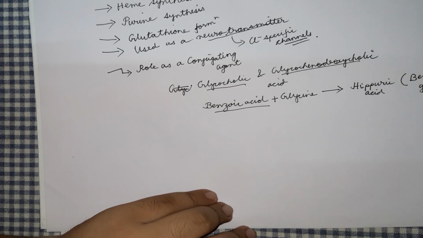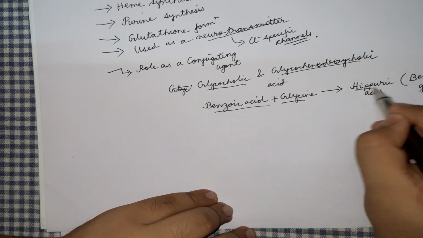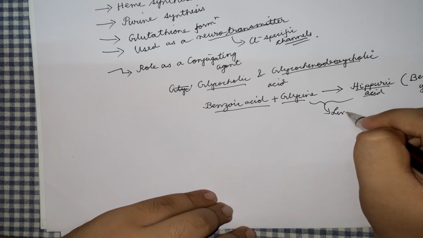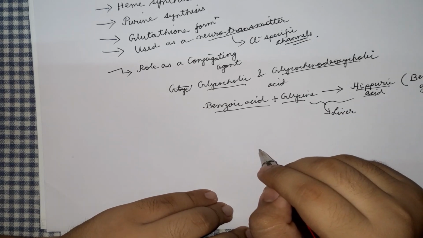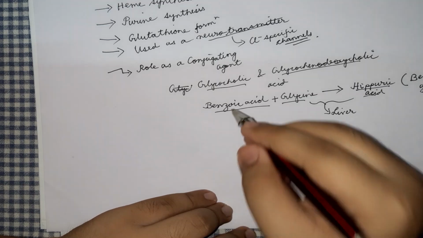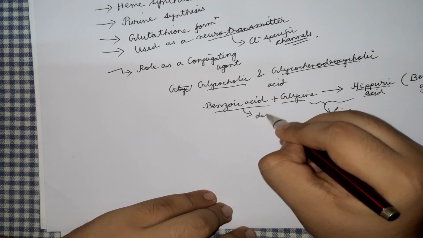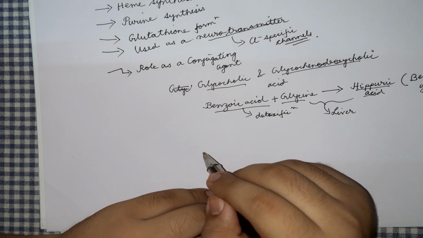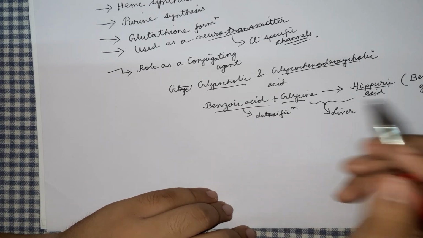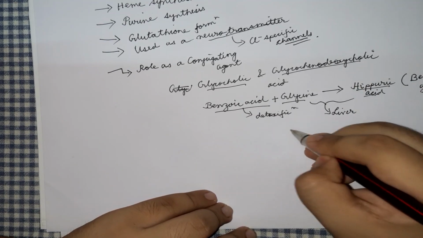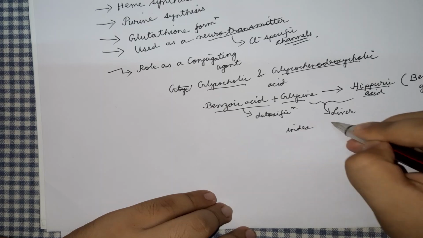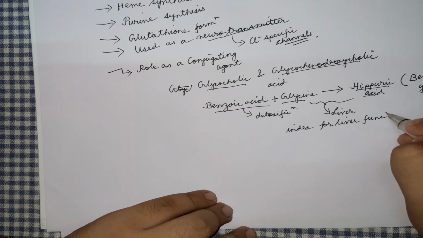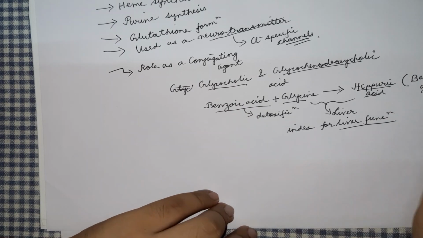Now, why I said this is important is because this conjugation occurs in the liver. This occurs as a detoxification of benzoic acid. Since this occurs in the liver, the amounts can be used as an index for liver function, so they can be used in liver function tests.